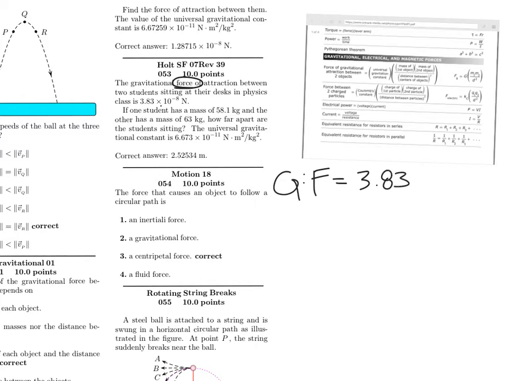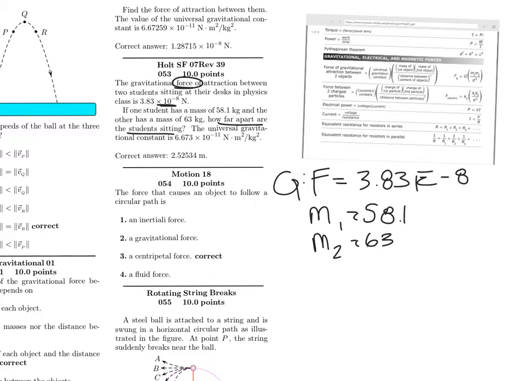How do I rewrite this right here? It's that capital E, right? E negative 8. Okay, that's how you would write that. If one student has a mass of 58.1 kilograms, so that's mass 1, and the other has a mass of 63, so that's mass 2. How far apart are the students sitting?